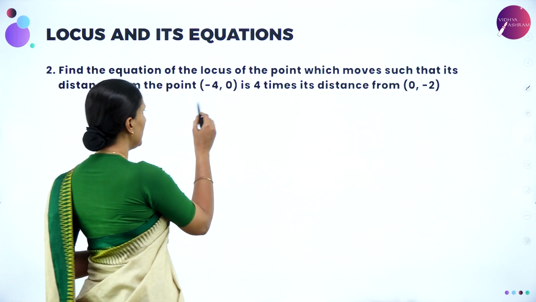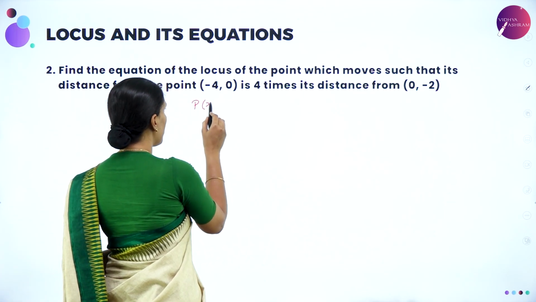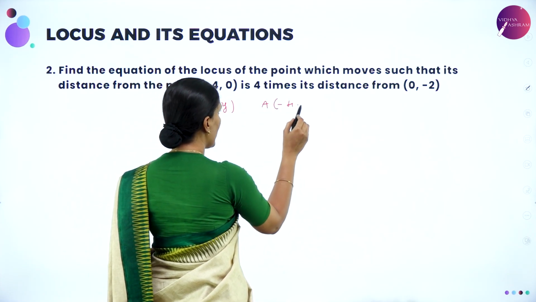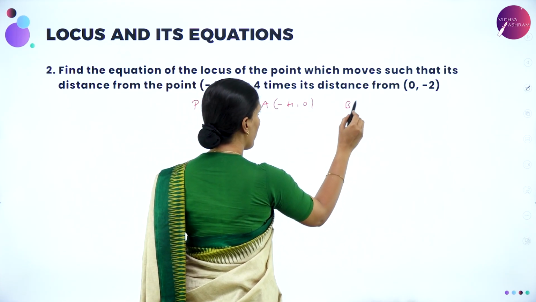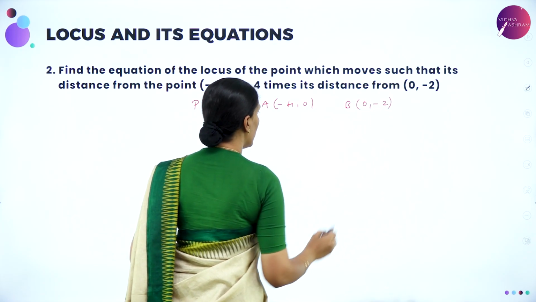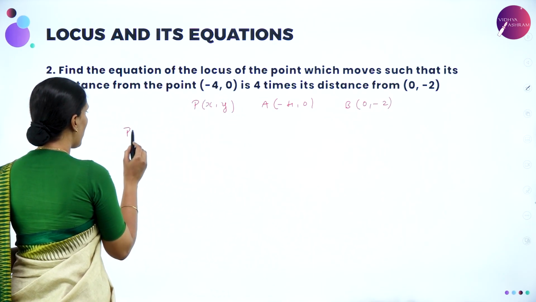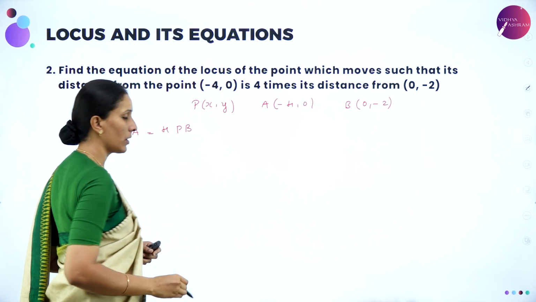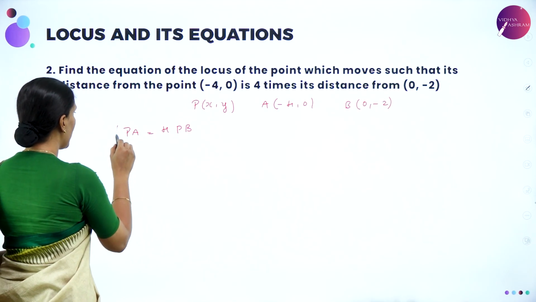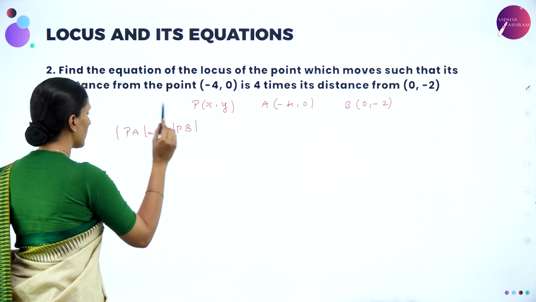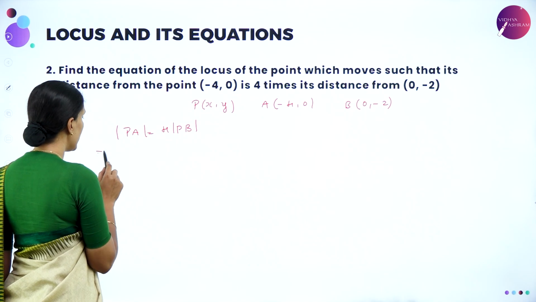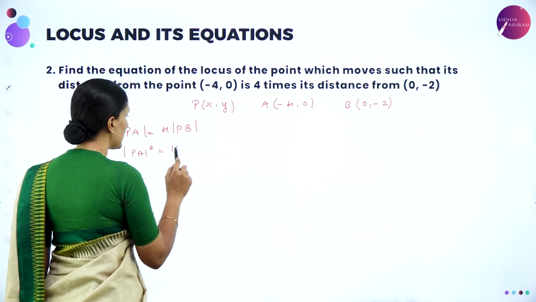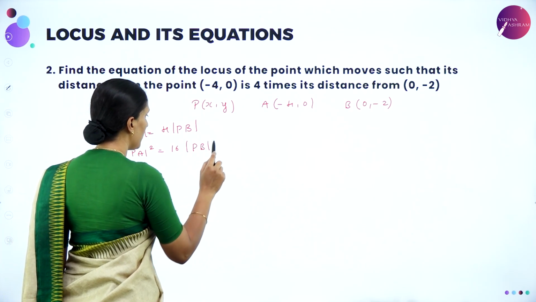So let me consider the point as P(x, y), the point (minus 4, 0) as A and the point (0, minus 2) as B. They have given that the distance PA is 4 times the distance between P and B. So let us apply the distance formula here. If we square it on both sides, then PA square is equal to 16 into PB square.